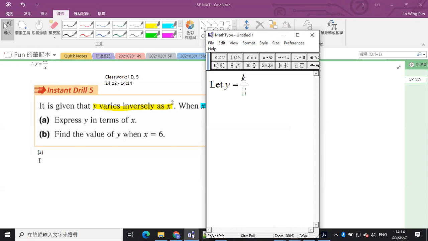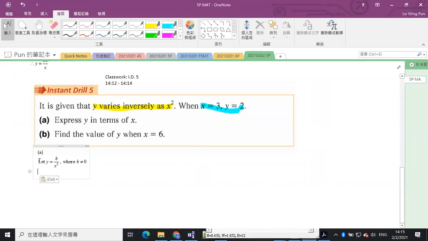But this time it is inversely as x squared, so it is not just k over x. It should be k over x squared, where k is not equal to 0. This is the first line, and it is the first mark.